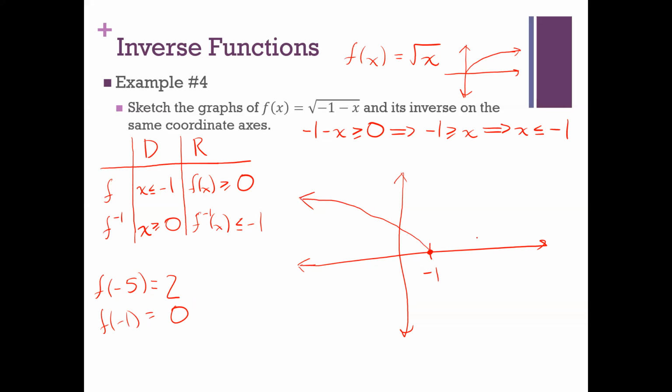My graph is going to look something like this, right? Are we okay with this sketch of f here? This point right here, I'll just list the coordinates of it: -1, 0. So x is equal to -1, y is equal to 0.